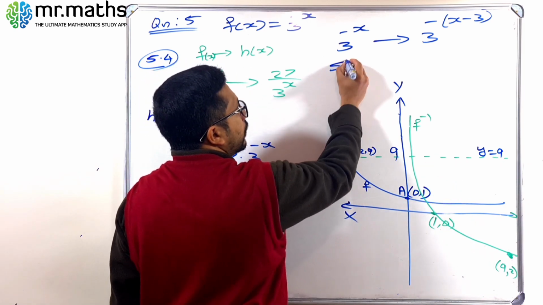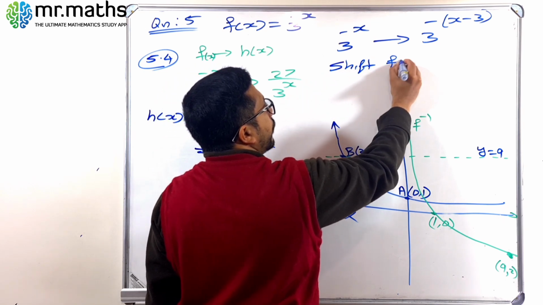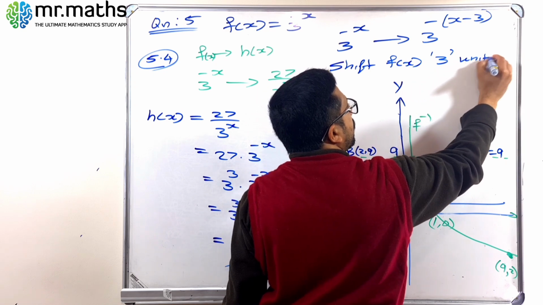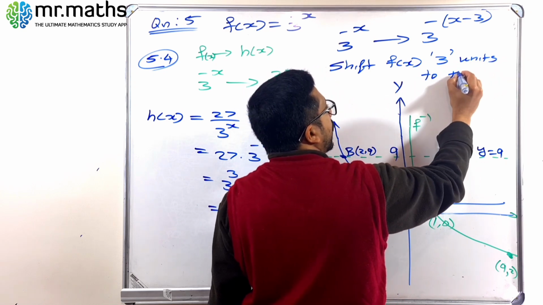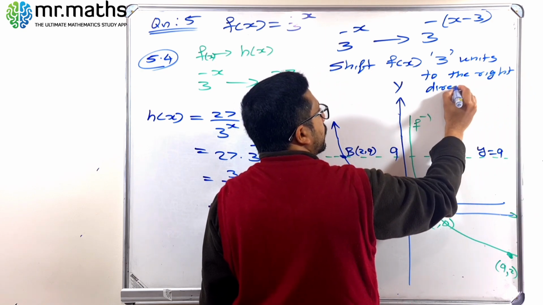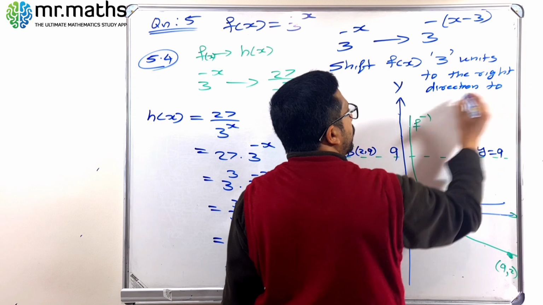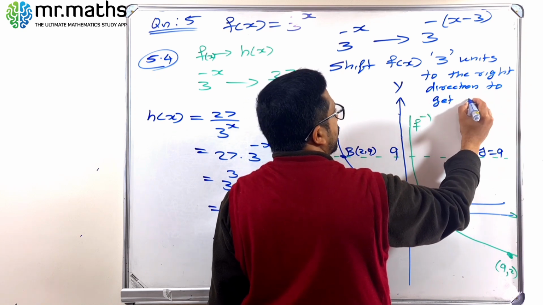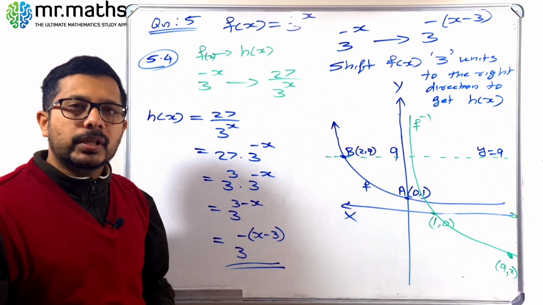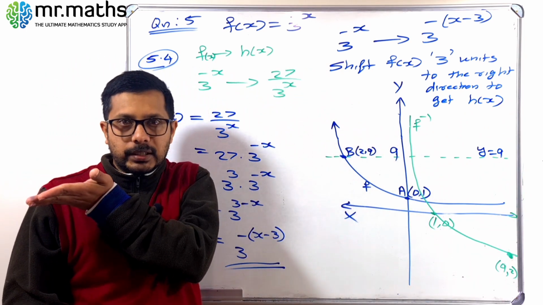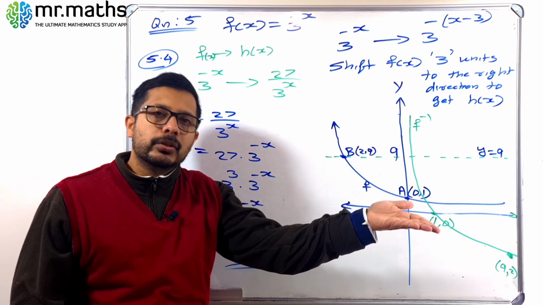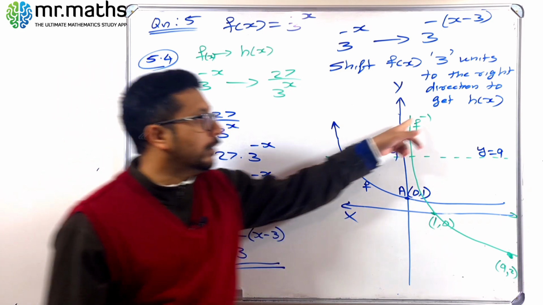Shift f of x 3 units to the right direction to get what? h of x. That means f of x is shifted 3 units to the right to get h of x.